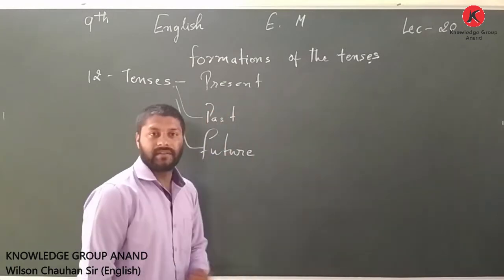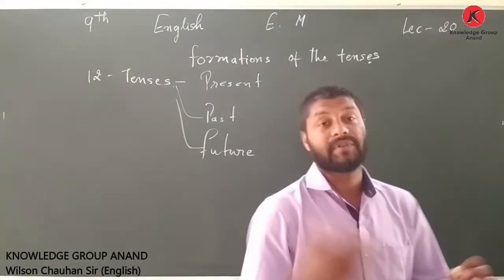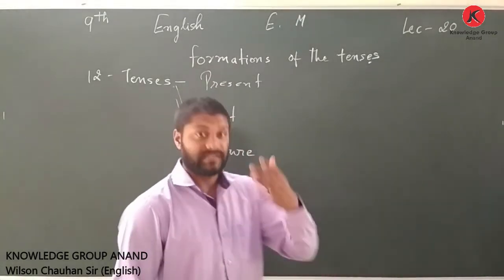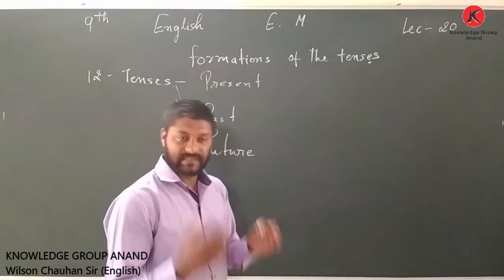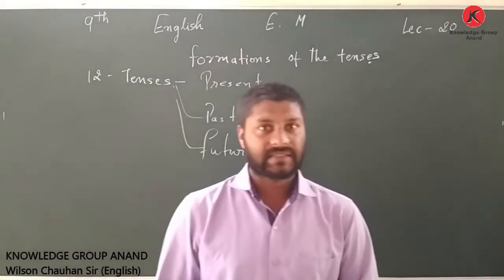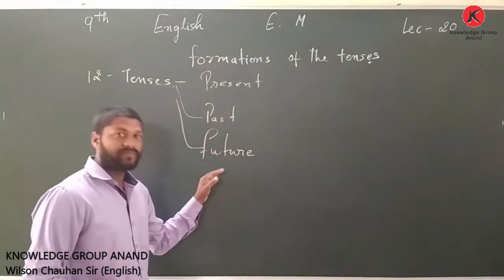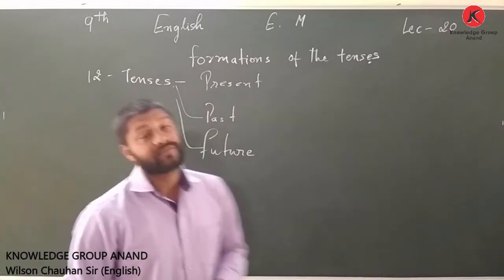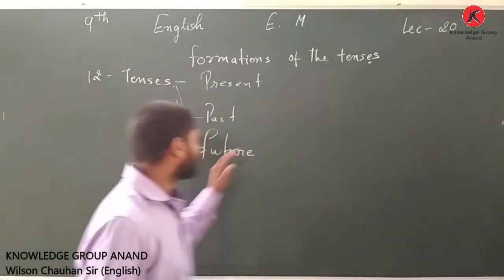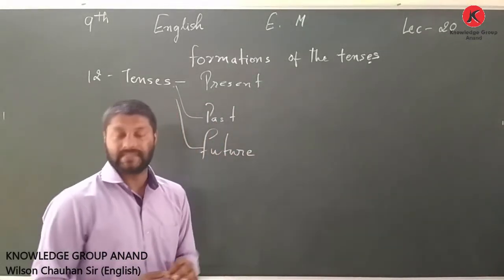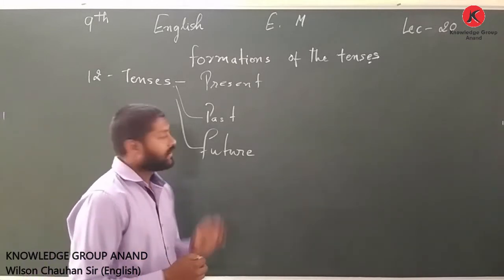Respectively we have simple present tense, present continuous tense, present perfect tense, present perfect continuous tense, simple past tense, past continuous, past perfect, past perfect continuous tense. We have simple future, future continuous, future perfect and future perfect continuous tense. So respectively these 12 tenses we have already seen in the introduction.